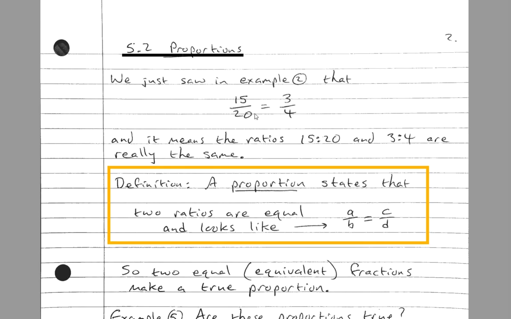All right, so saying that two ratios are equal, that's what we're calling a proportion. The definition: a proportion states that two ratios are equal, and it looks like A over B equals C over D. So you're saying that two fractions represent the same number.